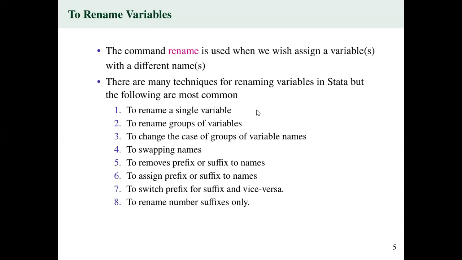You can assign a prefix or suffix to names. You can switch between a prefix and suffix and vice versa. And we can also rename number suffixes only. So let us go and see these 8 to 9 cases, because some here are two at par, like this and vice versa, meaning those are two cases.